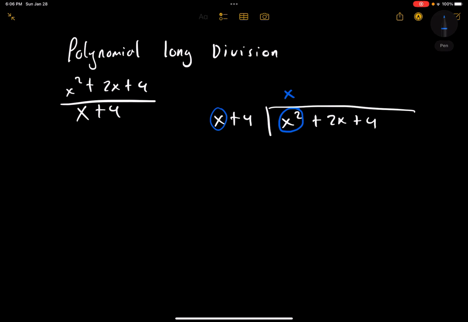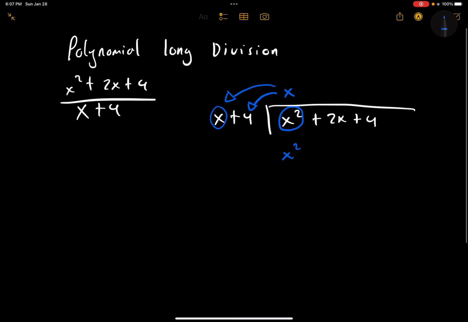Now, what we do when we figure this out, because we know how many x's go in, we multiply x by the divider in each separate bit. So we're going to have x times x, x squared, and you put it right below the equation you are trying to divide. And then x times 4, plus 4x.